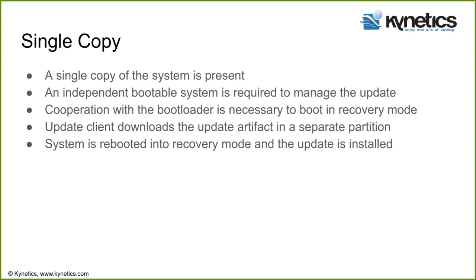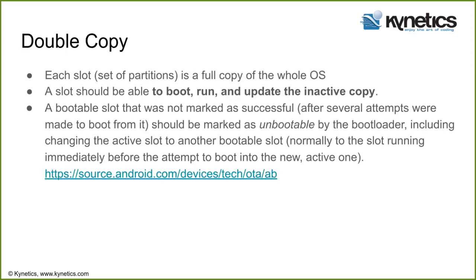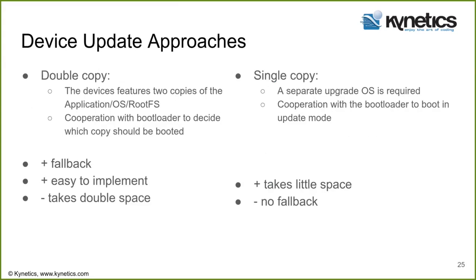In this case, what is called a recovery system, which is a minimal OS aimed at installing the update, is present. So it's an asymmetric design, as opposed to the double copy approach, which has every partition replicated. So again, it takes double the space.